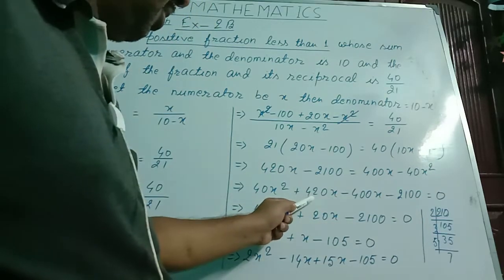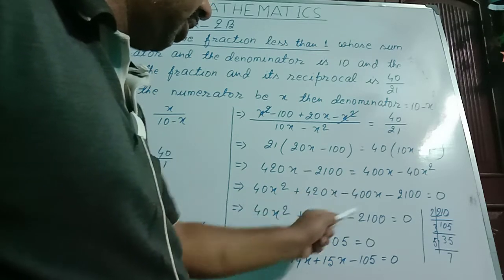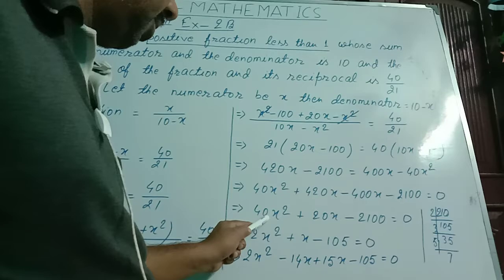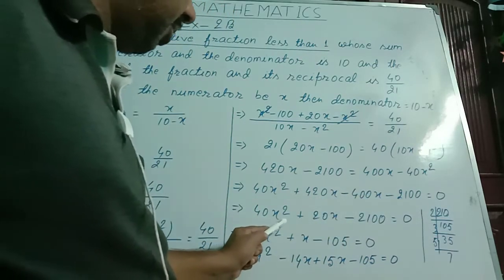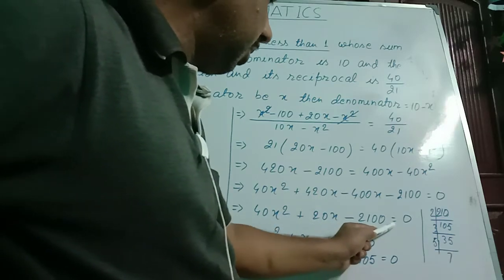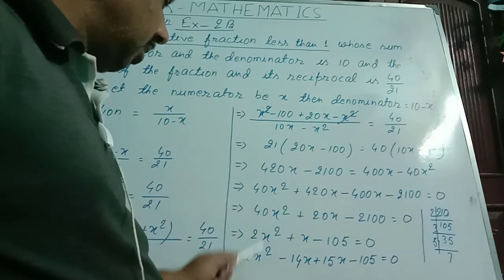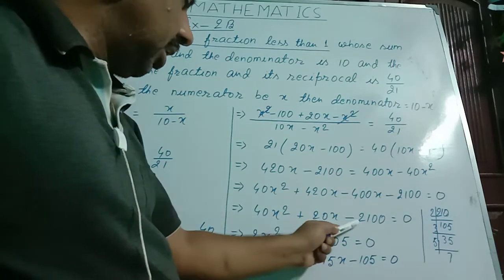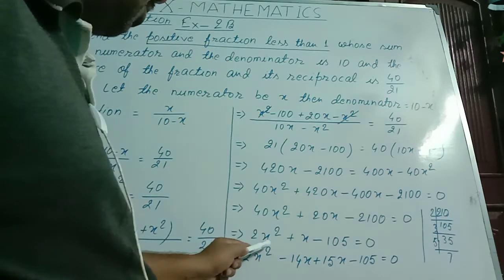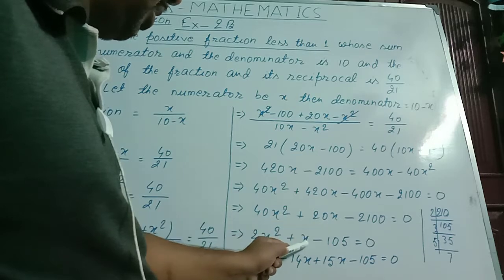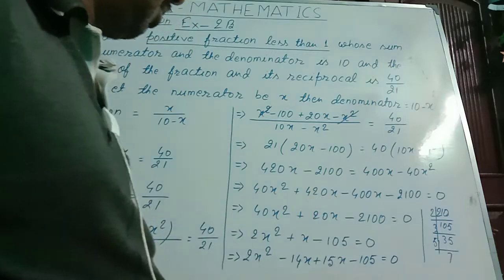These two are like terms, so 420x minus 400x equals 20x. So the equation became 40x square plus 20x minus 2100 equal to 0. All three terms are divisible by 20, so dividing by 20 we get 2x square plus x minus 105 equal to 0.